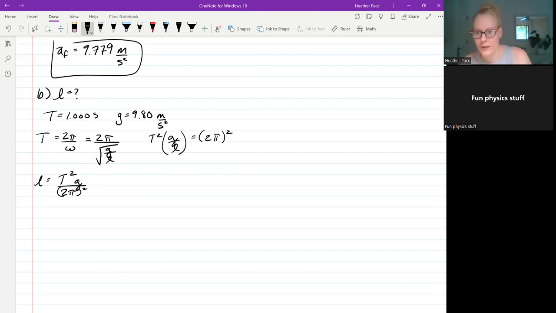I didn't solve this before, so give me a moment here to grab a calculator and do the math. Well, let's write it out. Oops. 9.8 over 2 pi squared. Okay.